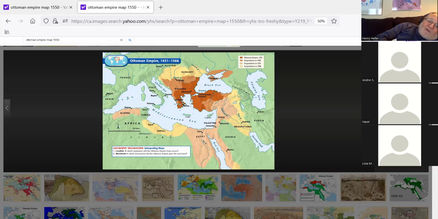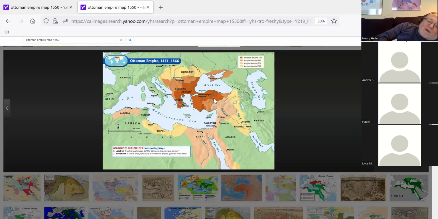And as a matter of fact, these Ottomans, not only were they fighting here for control of Anatolia, this region here, but they actually crossed over into the Balkans, and by the end of the 14th century they began to conquer what we call the Balkans.